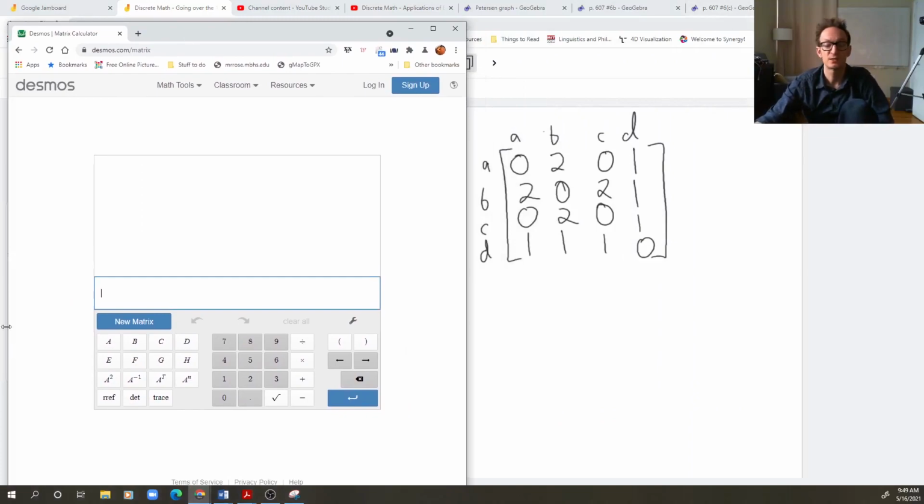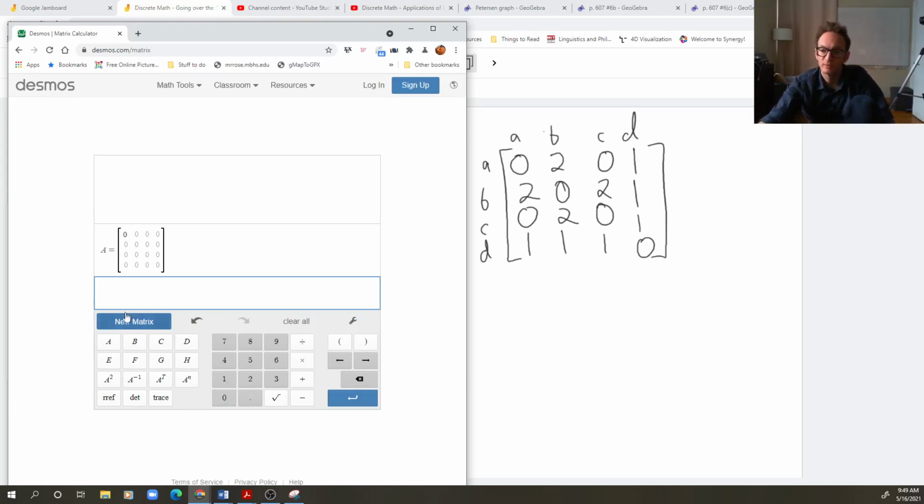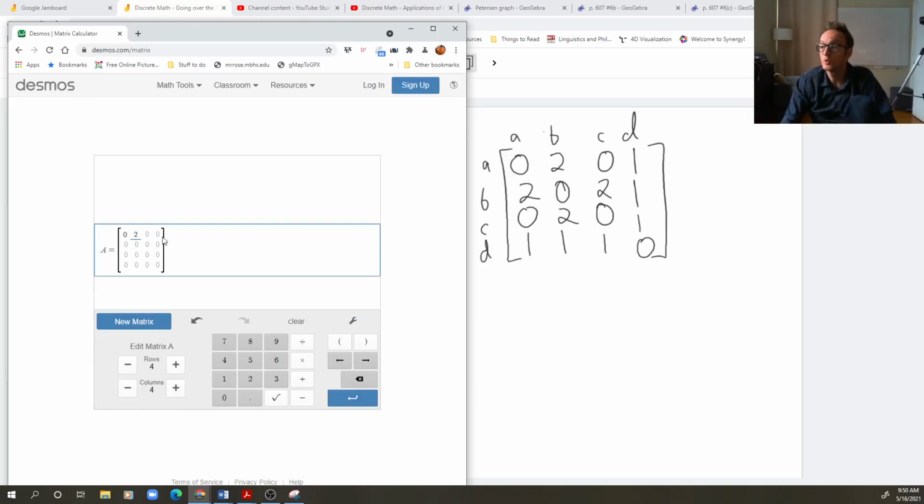Here I'm going to make a new matrix, and I want this matrix to be 4 by 4. This is just using Desmos. So 0, what happens if I hit enter? Nope, didn't like that. 0, 2, 0, 1. 2, 0, 2, 1.